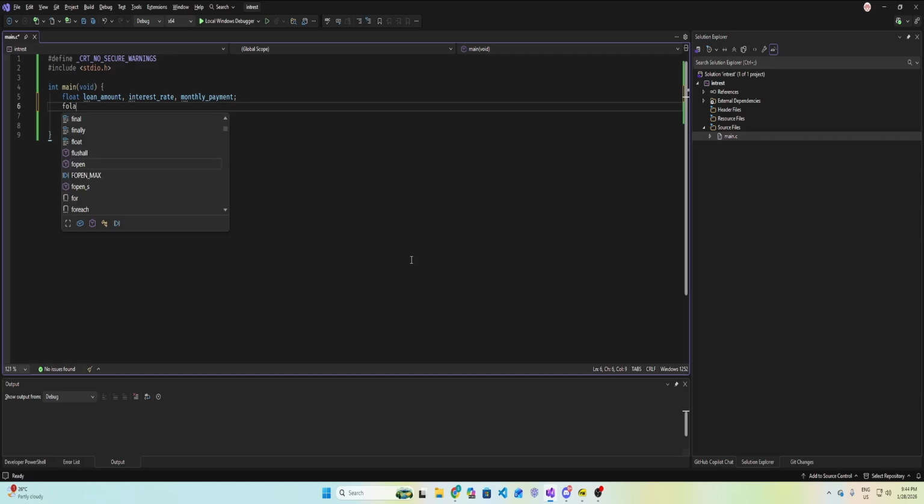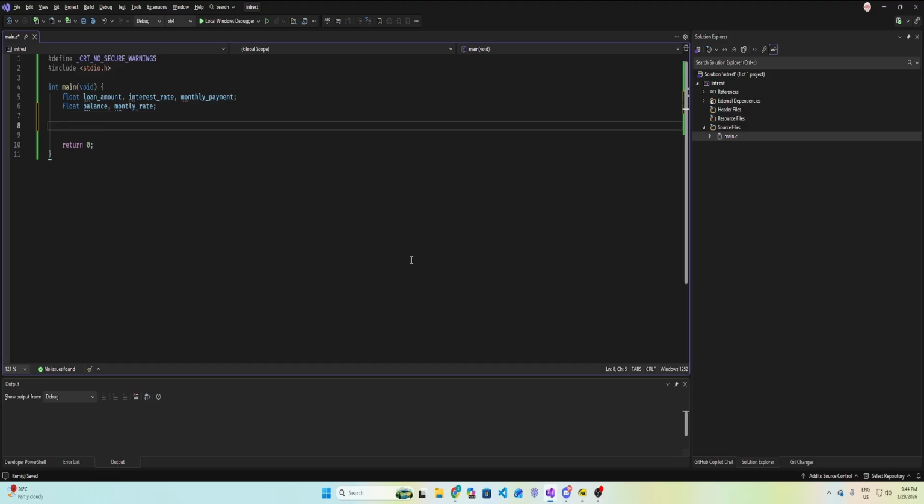Then let's add 2 more for balance and monthly rate. Okay. Enter loan amount. We scan this.